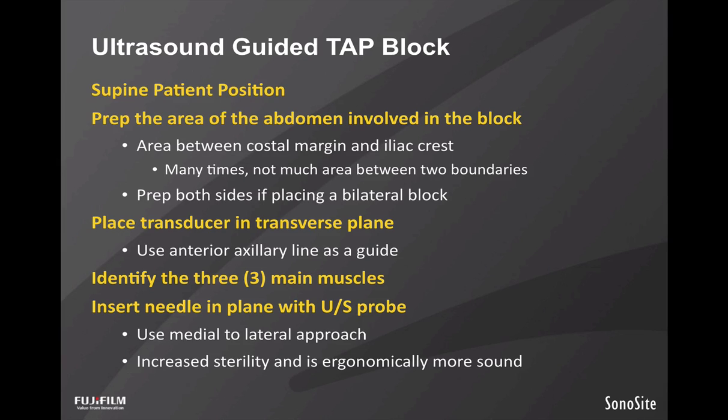Identify your three muscles, and then insert your needle in plane with the ultrasound probe, because that allows you to see the whole length of the needle, allows you to see where you're entering the skin and where the tip of the needle is. Now, one thing I will mention with any ultrasound block, especially with the TAP block, please find where the tip of your needle is, because usually it's a little bit further than you think.